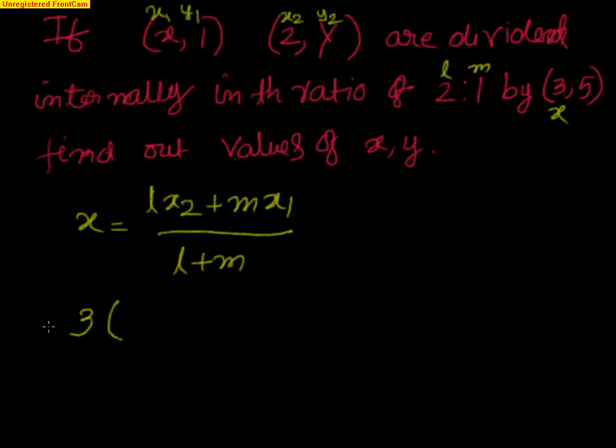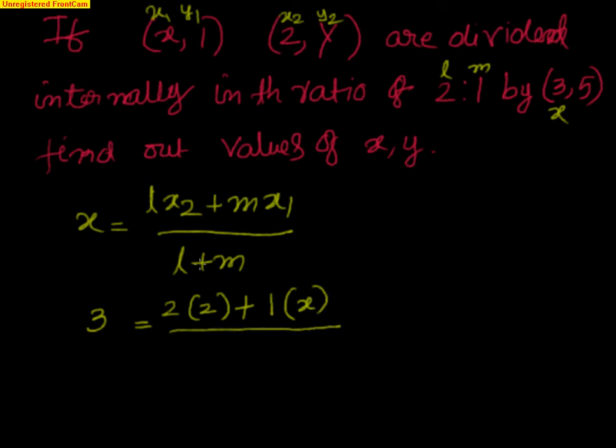So 3 is equal to L, that is 2 into x2, so 2 into 2, plus m, which is 1 into x1, that's x, which we have to find out, divided by L plus m, that's 2 plus 1.